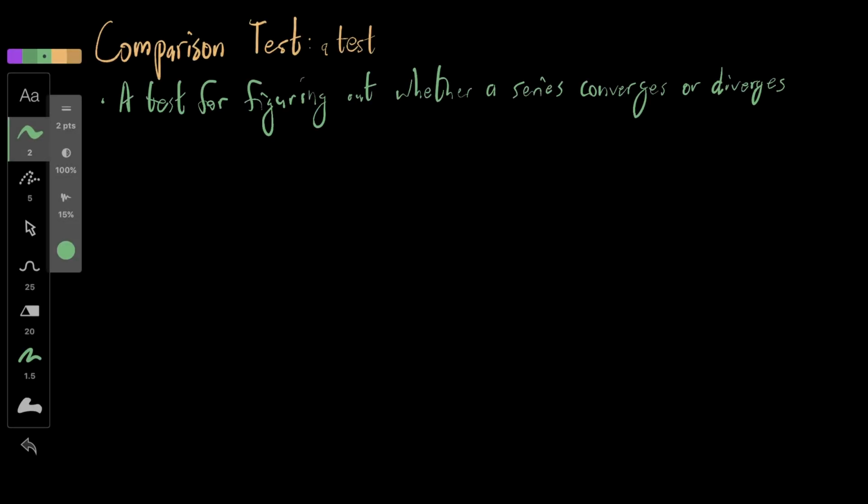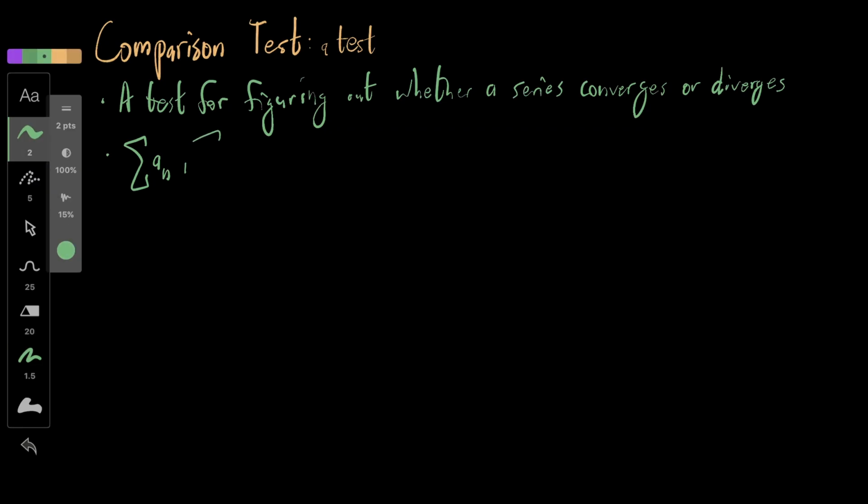So, what did we learn? Well, we learned that for the comparison test, for two series, a_n and b_n, one of them will converge, not always, but b_n.